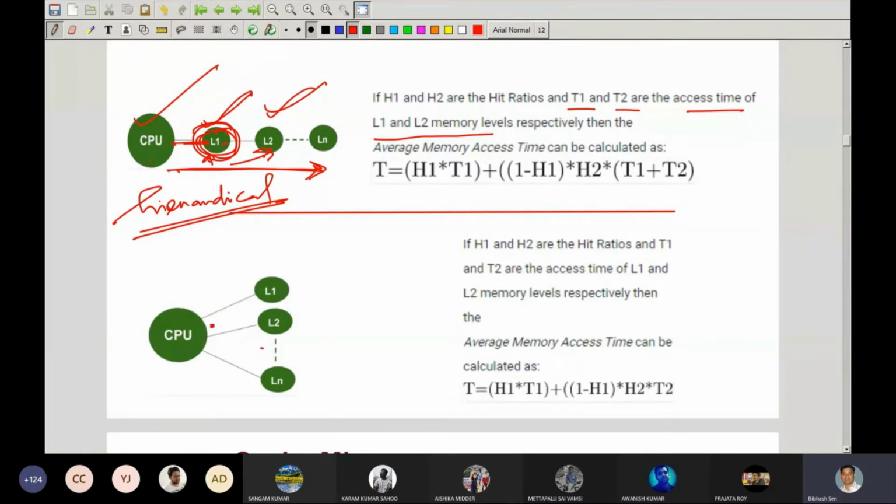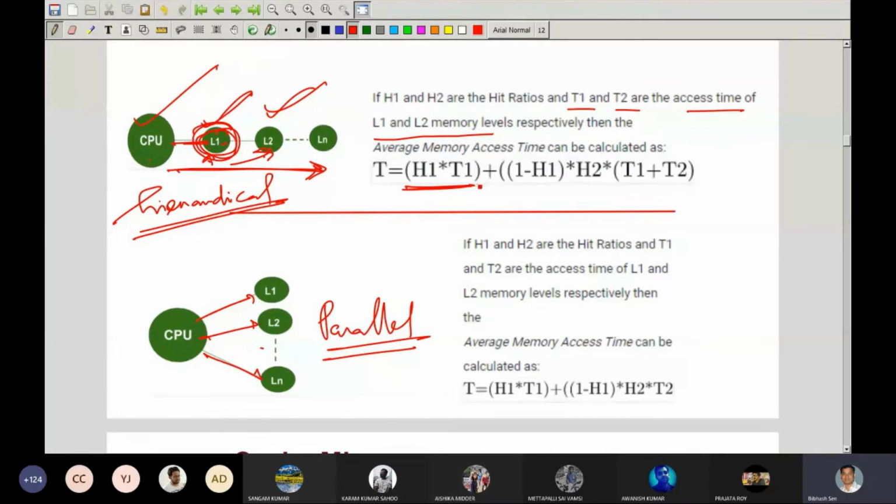But in the other case, you notice L1, L2, L3 are all in parallel. My dear students, listen carefully because a lot of mathematics will come from this.